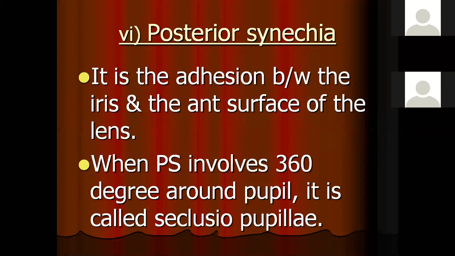Anterior synechia means adhesion of the iris with the cornea. So if iris is adherent to the cornea, it's called anterior synechia. If iris is adherent to the lens, it is called posterior synechiae. When posterior synechiae involve 360 degrees around the pupil, it is called seclusio pupillae.